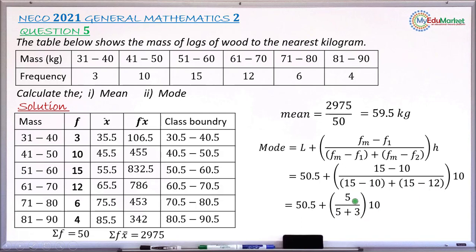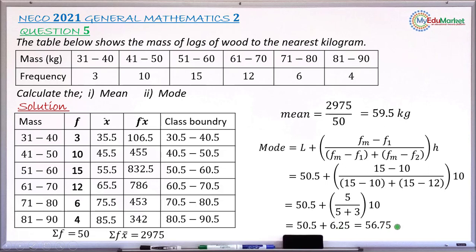So 5 plus 3 gives 8. And 5 divided by 8 multiplied by 10 gives 6.25. When you add 6.25 to 50.5, you have 56.75 as the mode of this distribution.